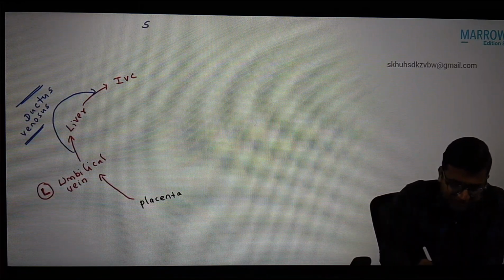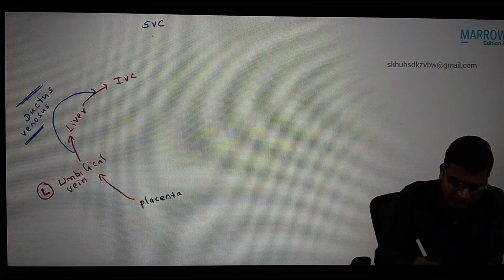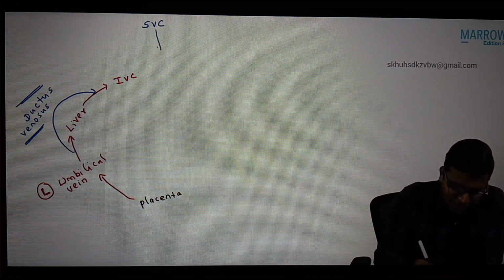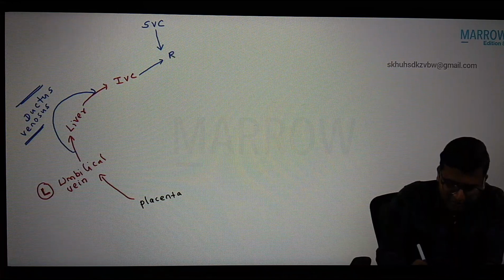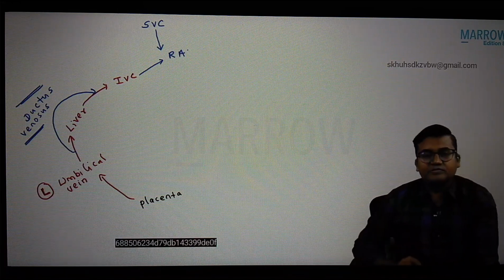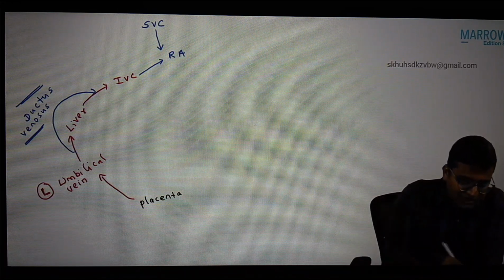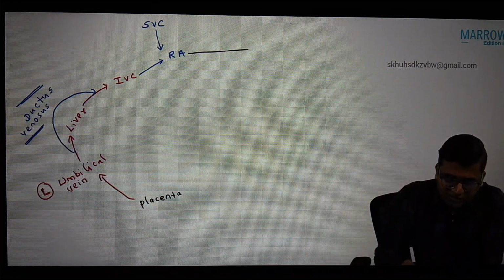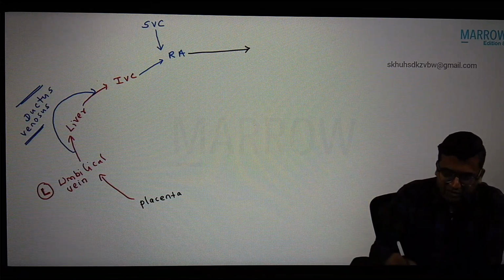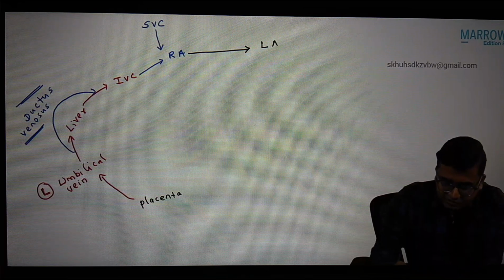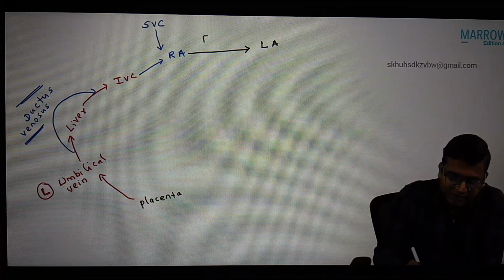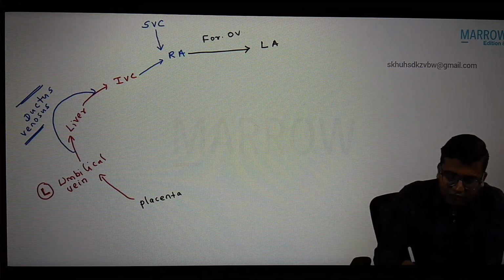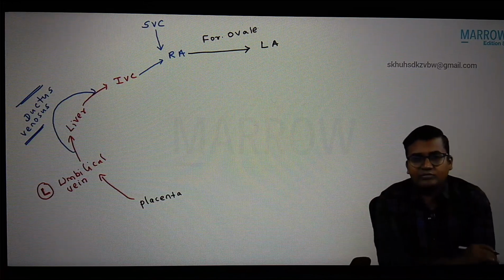Now the superior vena cava also carries blood from the upper part of the body. The superior vena cava and the inferior vena cava give the blood to the right atrium. Now we have a shunt from the right atrium to the left atrium. The majority of the oxygenated blood coming to the right atrium will go to the left atrium via the foramen ovale. I hope you know that.